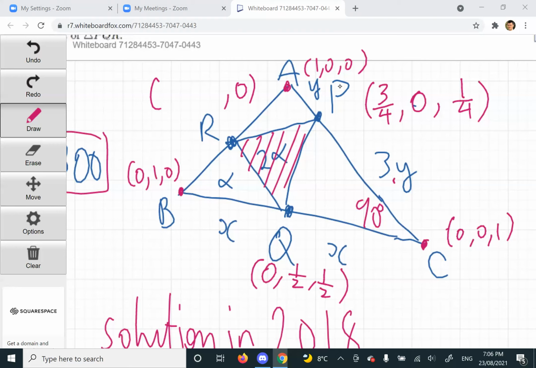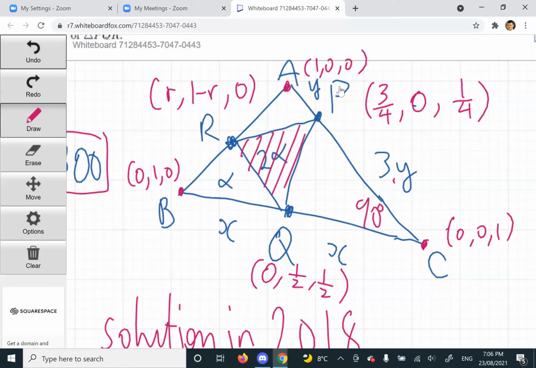So we could have it like R and 1 minus R. This will be R and 1 minus R. We don't do that.